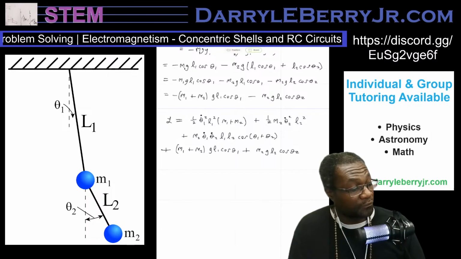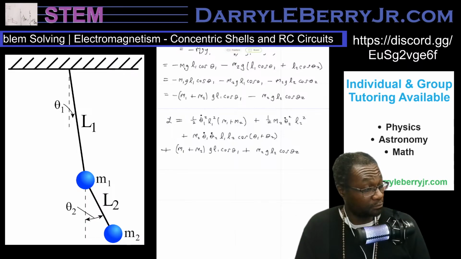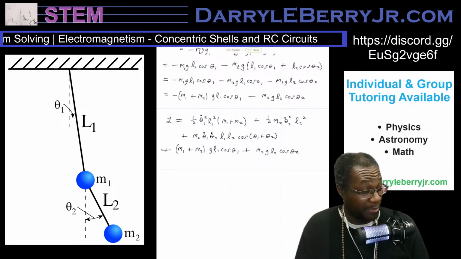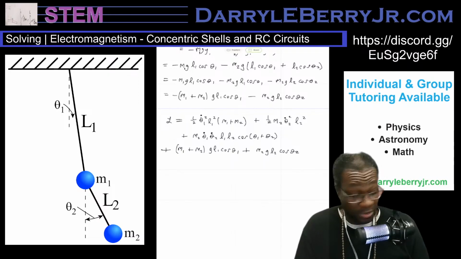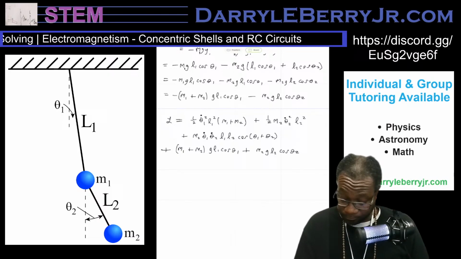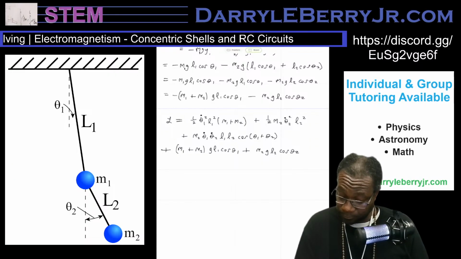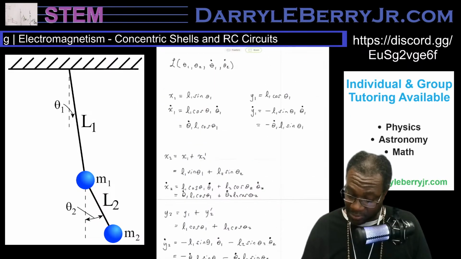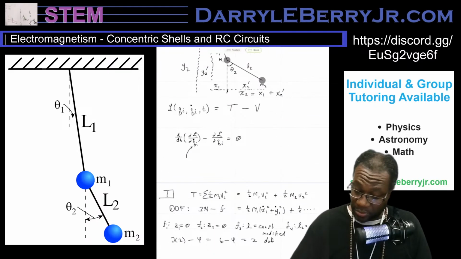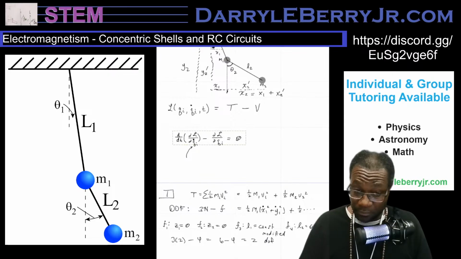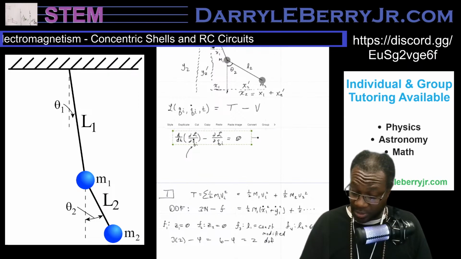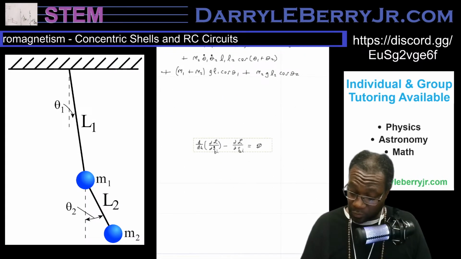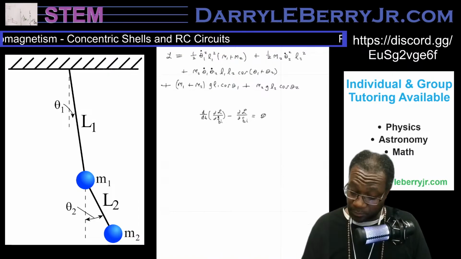So this is our very long, complicated Lagrangian, but it's apparently simpler than trying to do the problem the long way, which would really be with Newtonian mechanics. Right. So now all we have to do is plug this in to the equation that I had mentioned earlier, the Euler-Lagrange equation. Except that these q's will be the generalized coordinates that we found, which were theta 1 and theta 2.